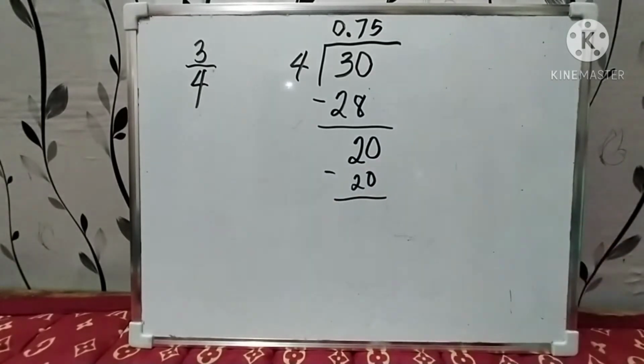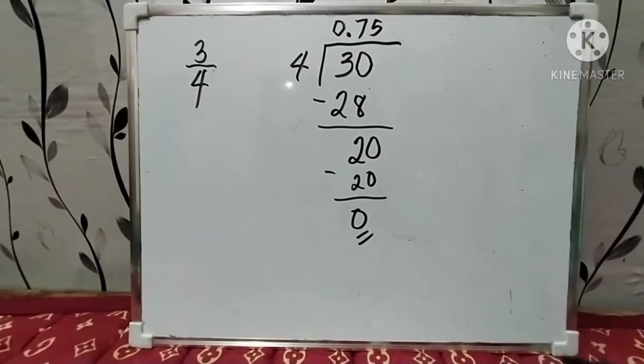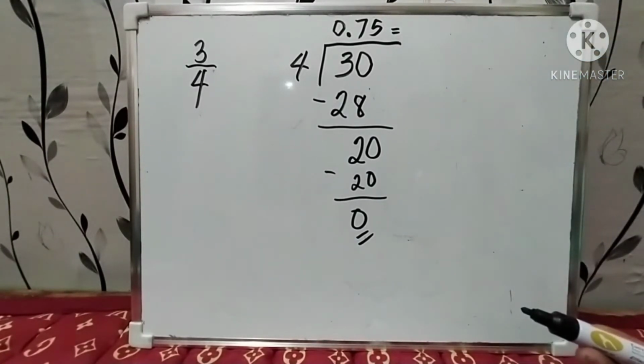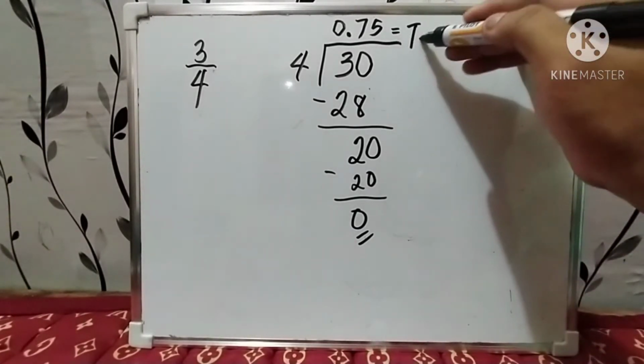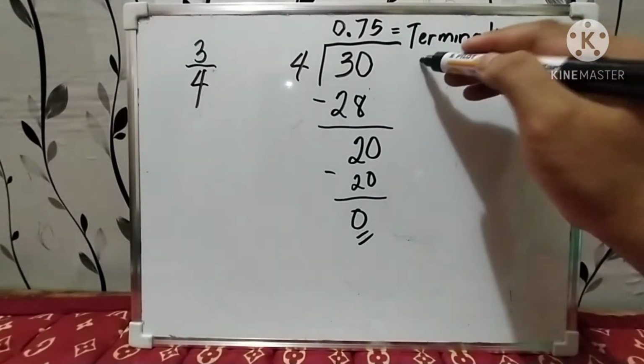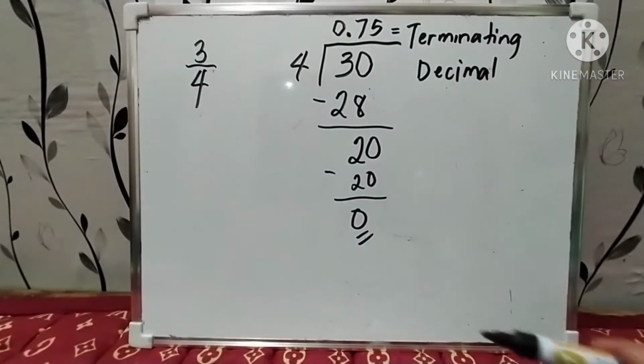As you can see, 20 minus 20 is equal to 0. Nakakuha tayo ng remainder na 0. So, therefore, when we convert 3/4 to decimal, the answer should be 0.75. And ang 0.75, ang tawag natin dyan is a terminating decimal. Kasi natapos siya. Meron siyang remainder na 0.